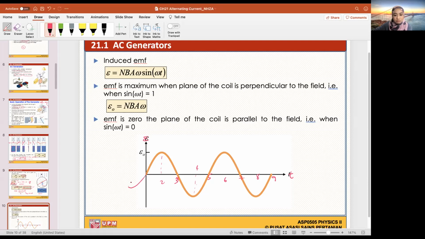Extend. No, I need to start from 0. In the meantime, please take some breaths. Don't have a panic attack. 3, 4, 5, 6, 7, 8, 9. 1, 2, 3, 4, 5, 6. Okay, it's fine. I've labelled the time in advance so that it's easier for me to explain.